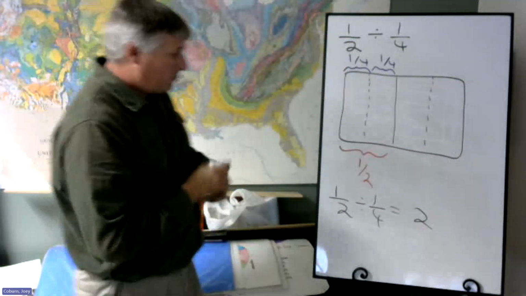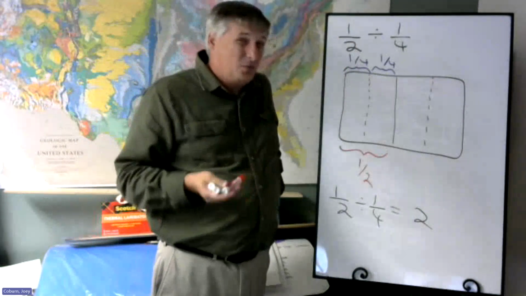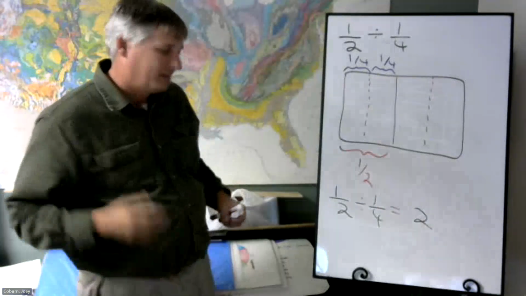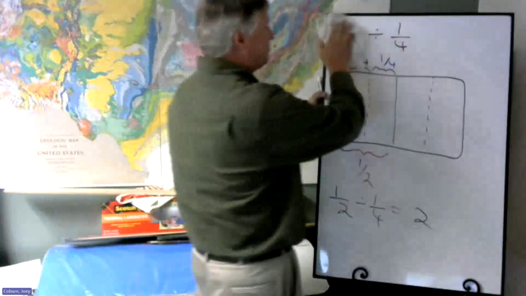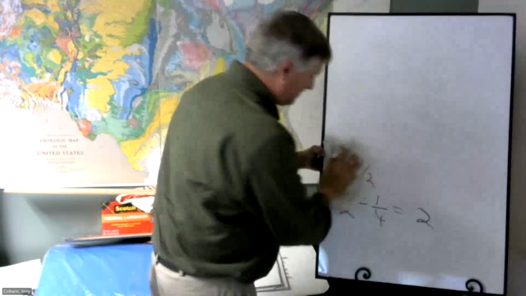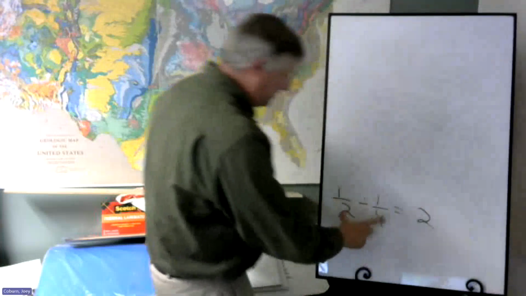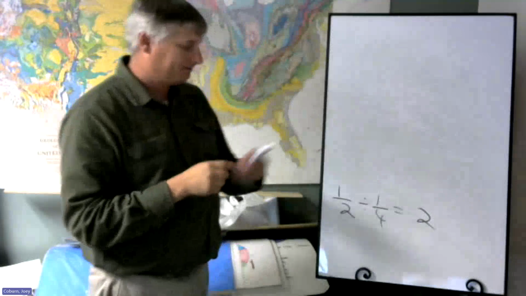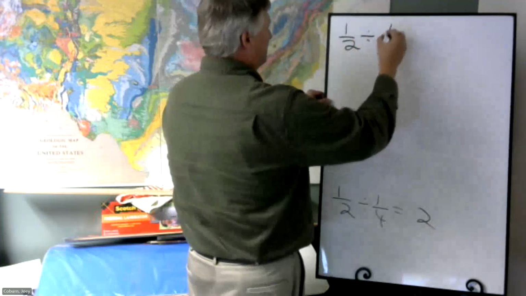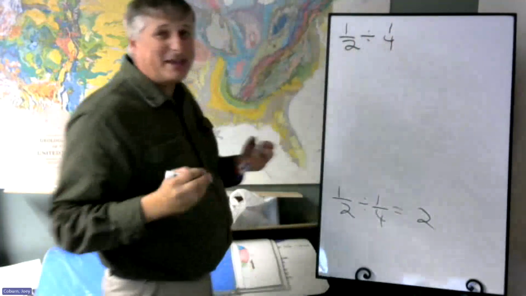So just like with multiplication, is there a way we can come up with a formula for this? And there is, and it's a little tricky, but I'll show you how it works. If we want these numbers to give us that number, this is what we can do. It's called KFC.